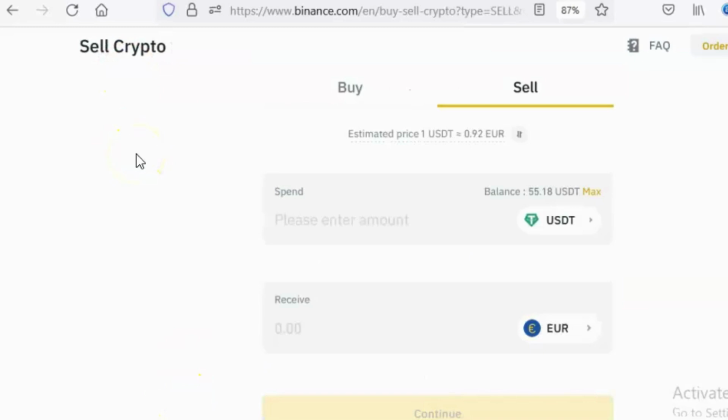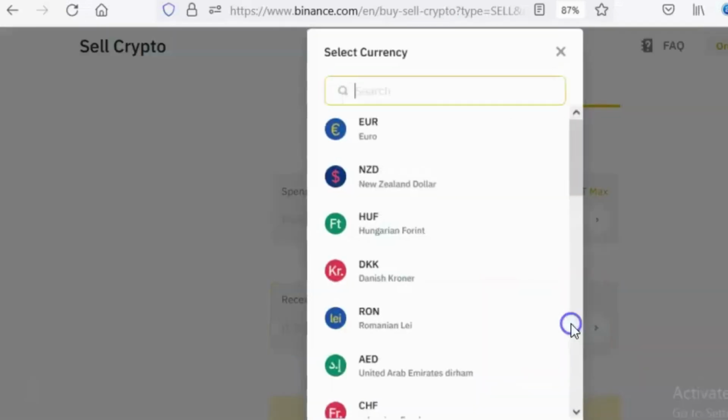You can also sell your crypto and get it back into the local currency through the sell option of the credit debit card tab. But there's a limitation there in that not all currencies are supported for you to receive into your bank account. Euro is supported and some other currencies, as we can see here.